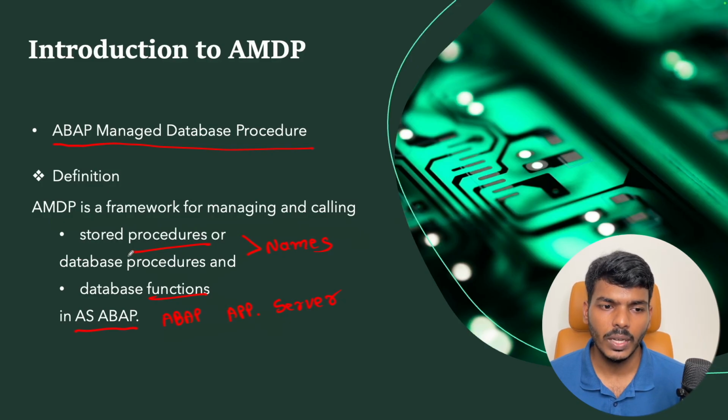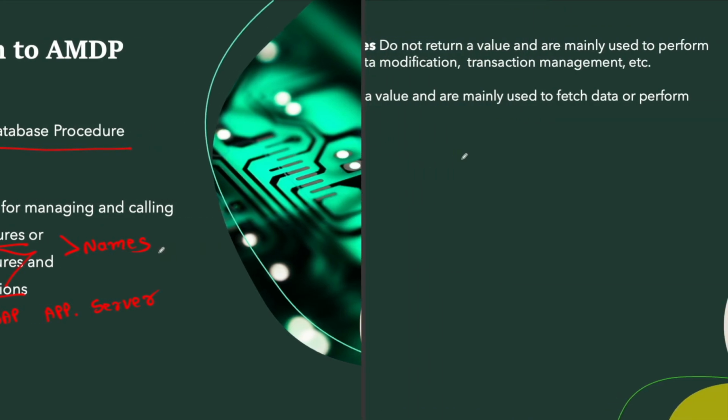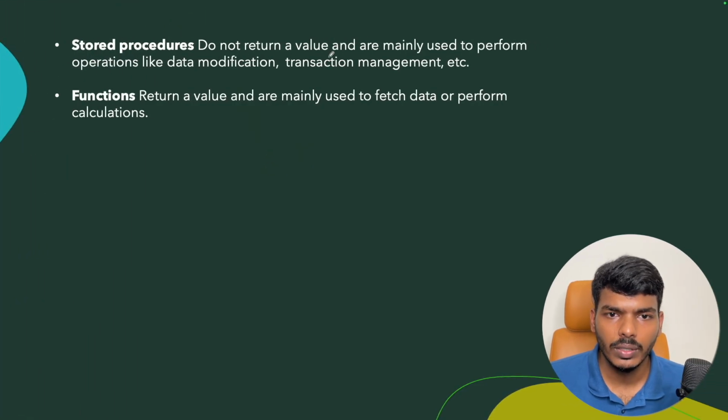Now you will be thinking, what is the difference between a procedure and a function? So let's get a clear understanding of the difference in the next slide. Stored procedures do not return a value and are mainly used to perform operations like data modification, transaction management, etc. So what is this transaction management?